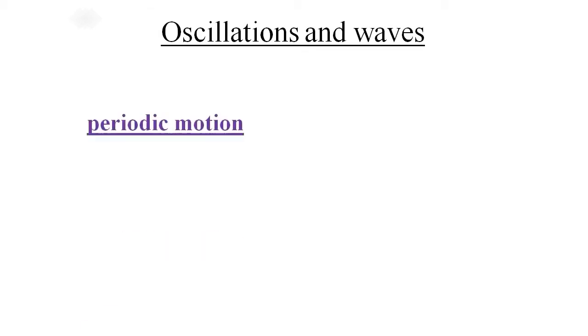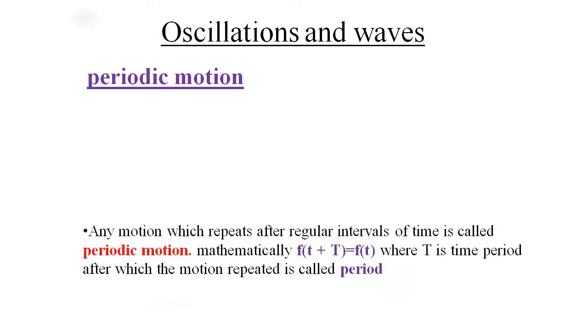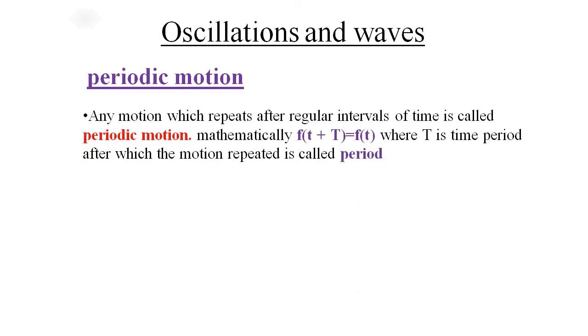So first of all, let us discuss periodic motion. As we know, it is a motion which repeats after a regular interval of time. That time is called the period. Any motion which repeats after a regular interval of time is called periodic motion.